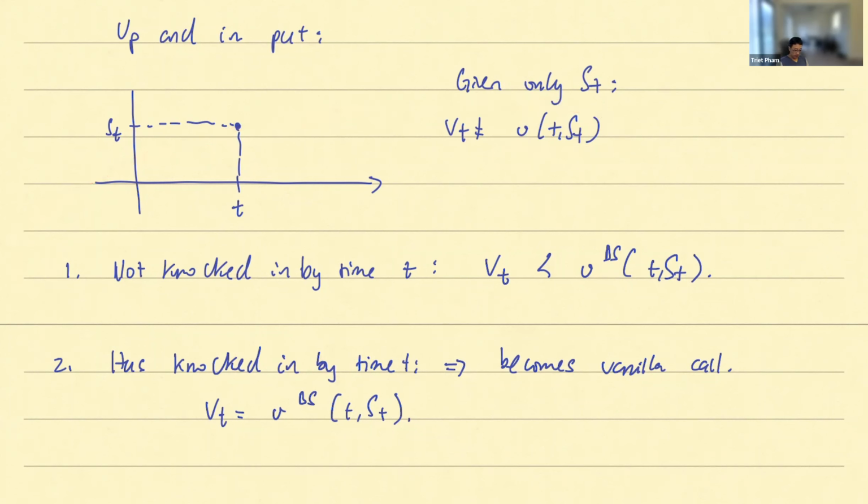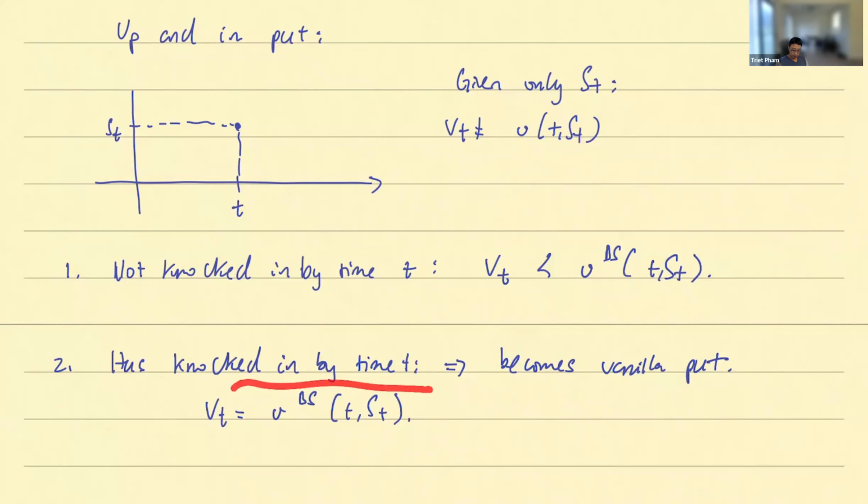Oh, sorry. Vanilla put. You're right, Jingmei, because I was saying put. Yep, vanilla put. But basically, what I mean is the barrier part has been dismissed, has disappeared.